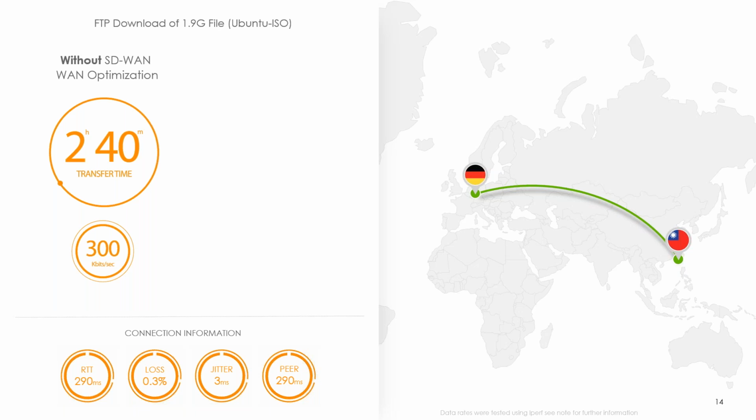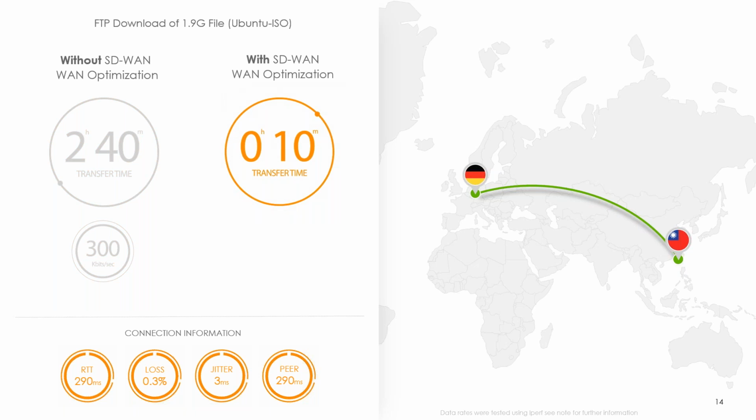And you can see the connection details below, so it's quite a poor connection. When we enabled SD-WAN optimization, the transfer time took only 10 minutes with 24 megabits per second. So we see a clear and massive improvement with and without WAN optimization, especially on poor connections.